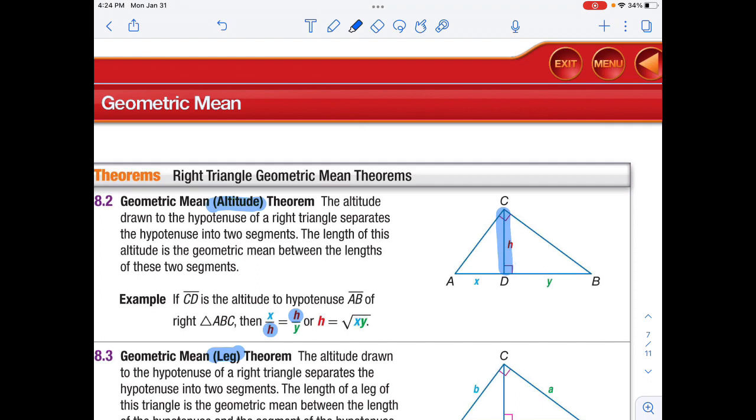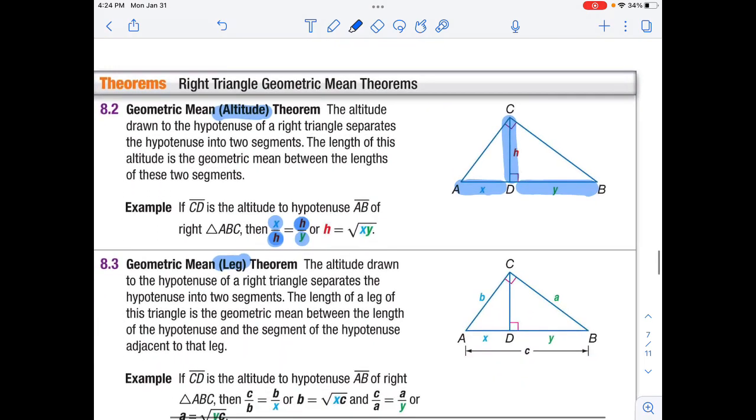So this will guarantee our proportion is set up correctly. Altitude is repeated. One's on the bottom, one's on the top. Your other 2 pieces, if given an altitude, will be the 2 parts formed by the hypotenuse, so x and y in this case. And then you'll just cross multiply to solve.